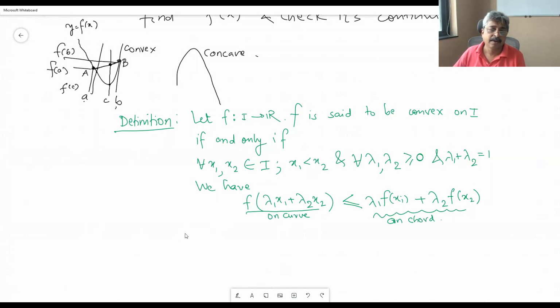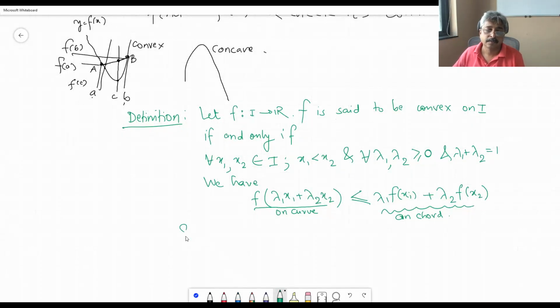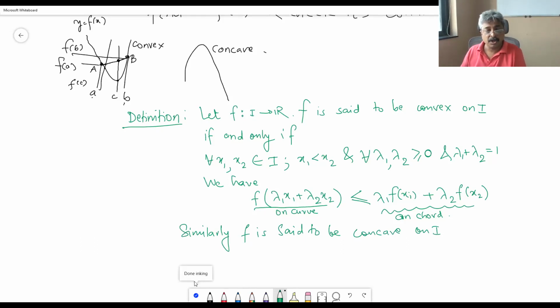similarly, f is said to be concave on I. Just complete this definition part.